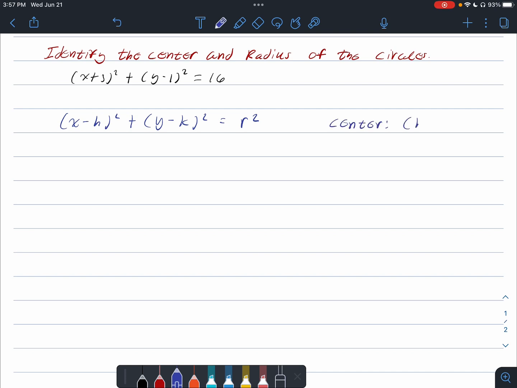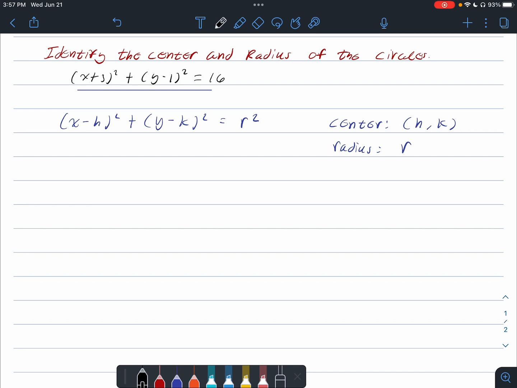The center is given by (h, k), where h is the x component and k is the y component, and the radius is just r. So the idea is we want to make this equation look as close to this equation as we possibly can. So in order to do that, let's see if we can transform everything in the above equation to make it look exactly like this.